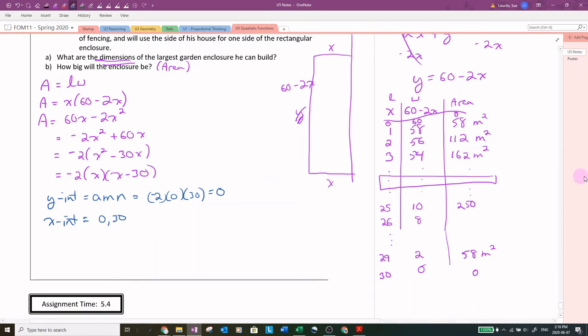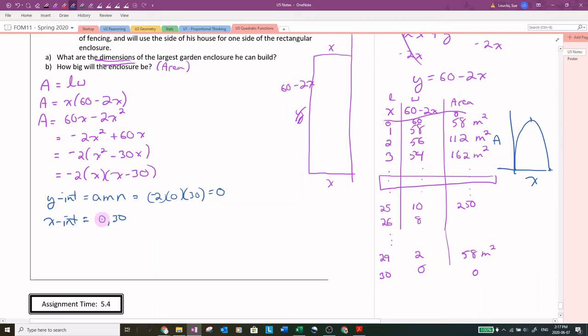And if we come over here and graph this, we don't actually graph the w, we do the x and the area. And we end up with a parabola that starts at 0, 0, and ends at 30, 0 over here. And there's a vertex in the middle.